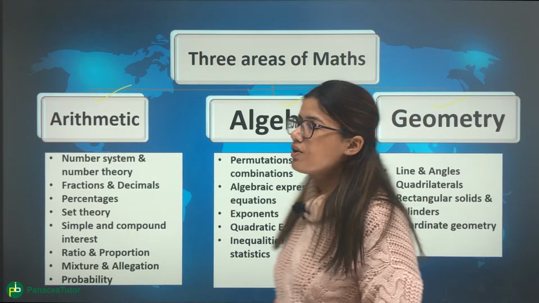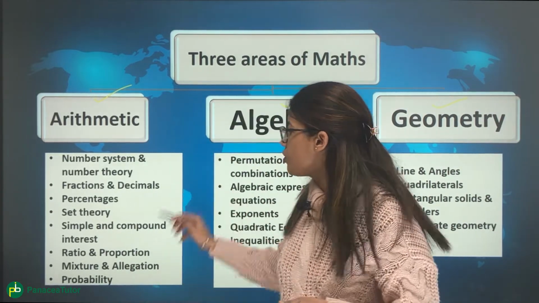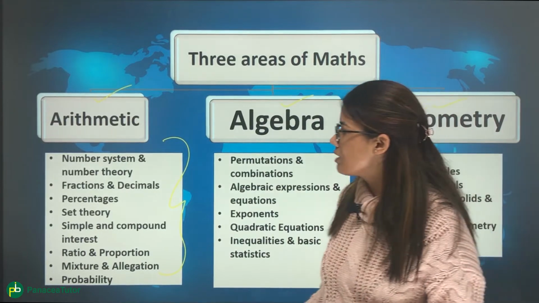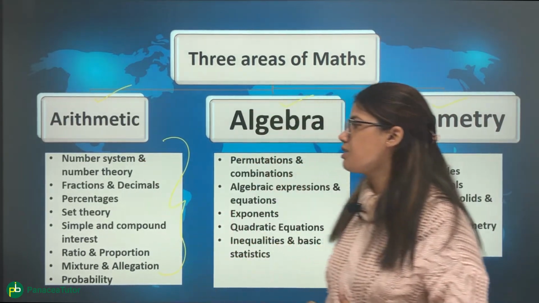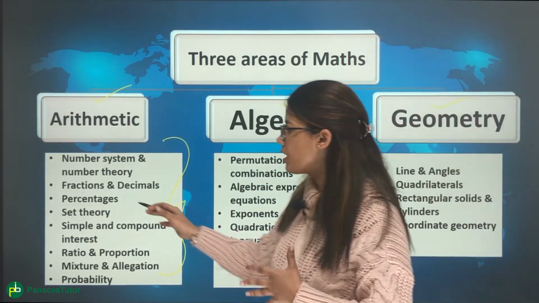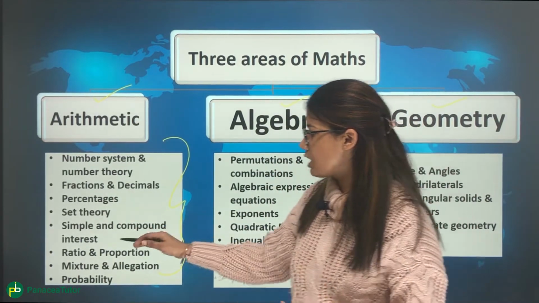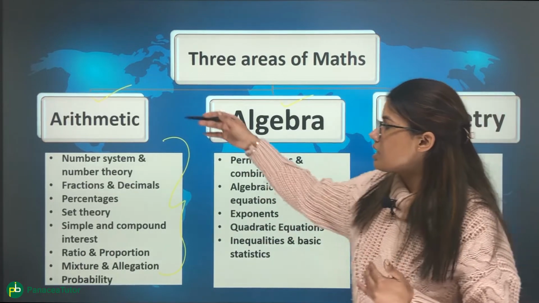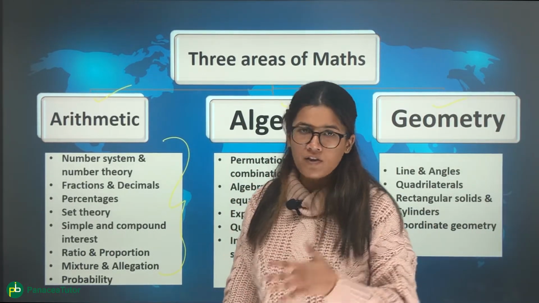In the arithmetic portion, you are going to prepare these chapters: number system, fractions and decimals, percentages, set theory, simple and compound interest, ratio and proportion, mixture and alligation, and probability. These chapters are important in the arithmetic part.